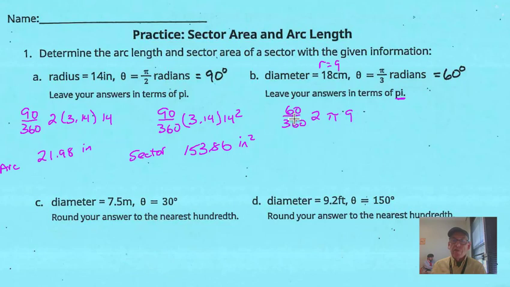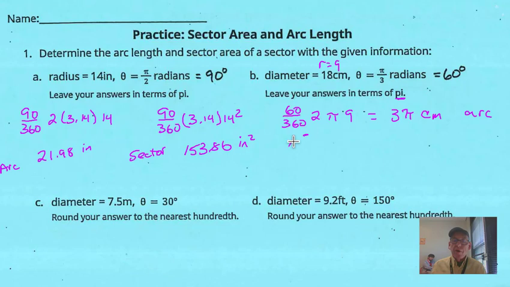So that gives us 60 times 2 times 9 divided by 360 times pi. And this is going to give us the arc. So the numbers give us 3 pi. So we have 3 pi centimeters of arc length.